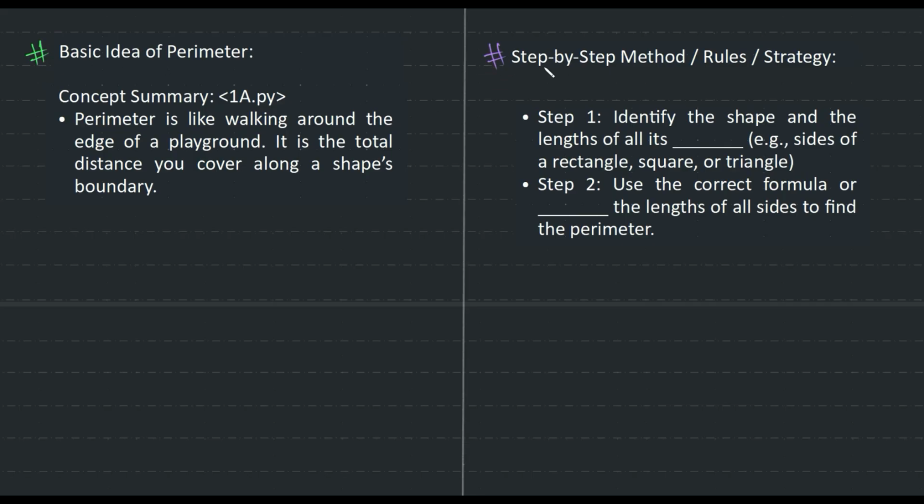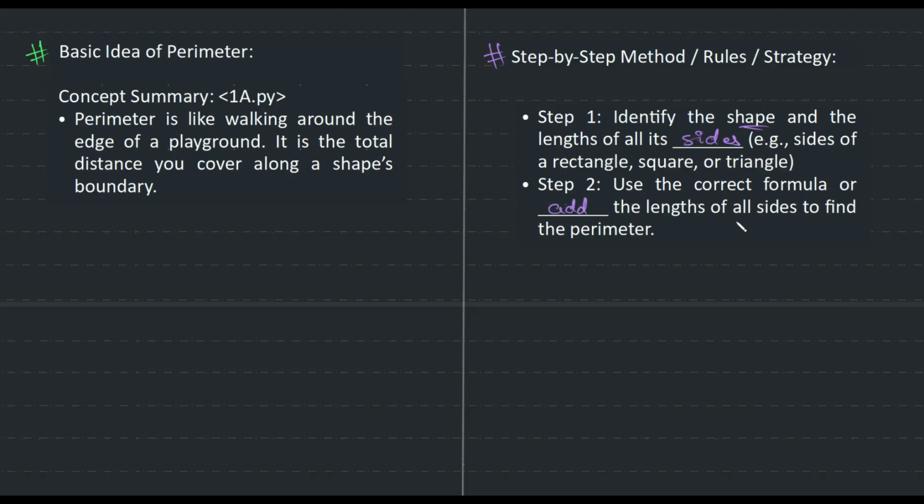So numerically, what are we looking at? The step-by-step method to measure a perimeter. Identify the shape and the lengths of all of its sides. Use the correct formula, or what should I do?